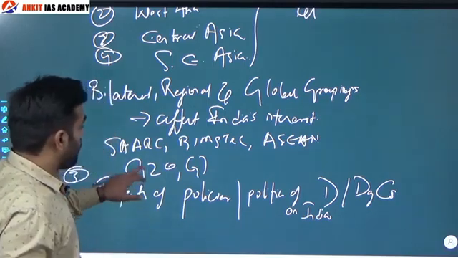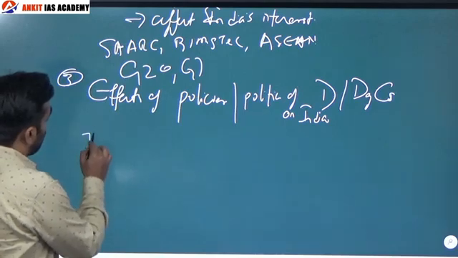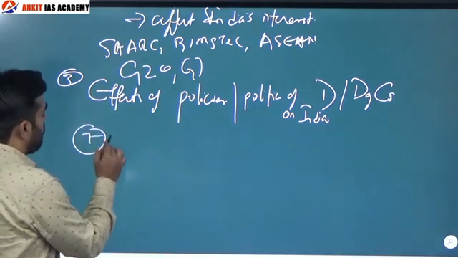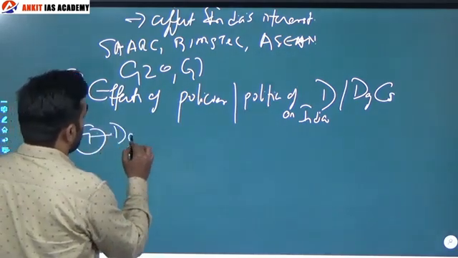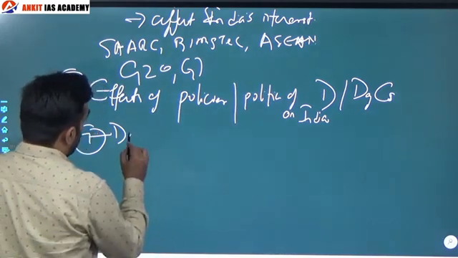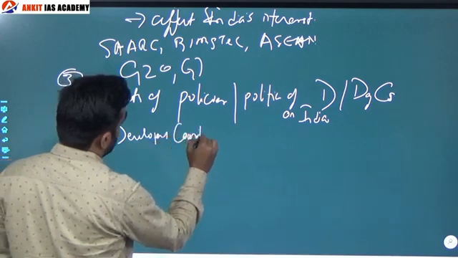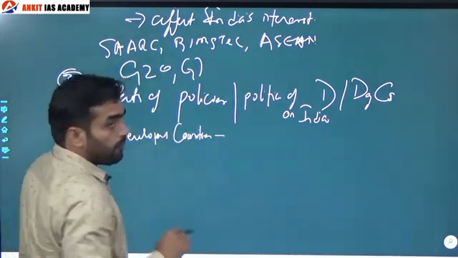So in this, basically, see, there are 7 major developed countries. Which 7?